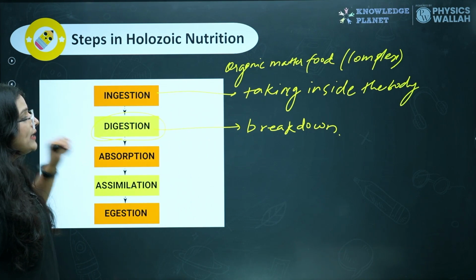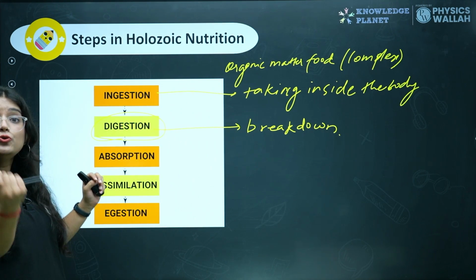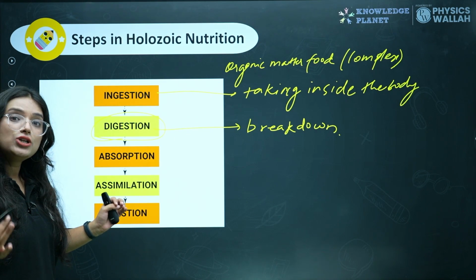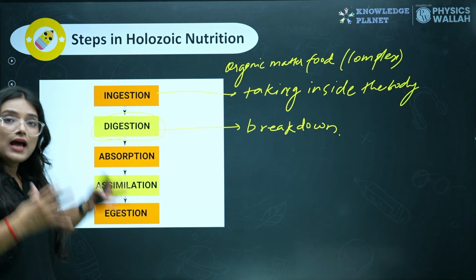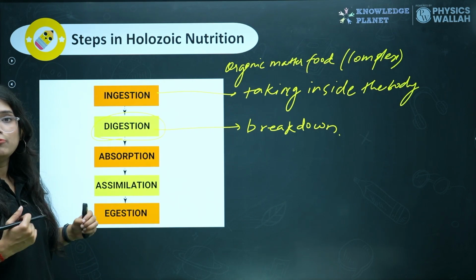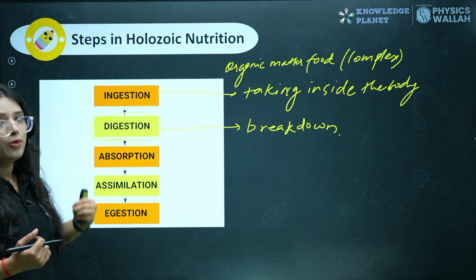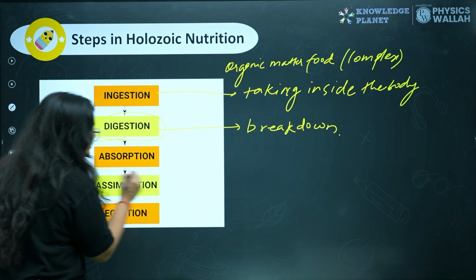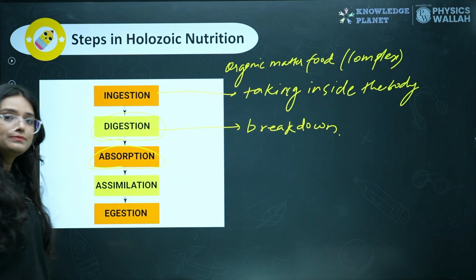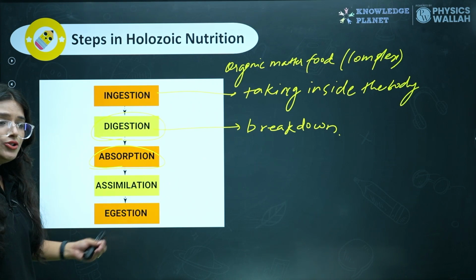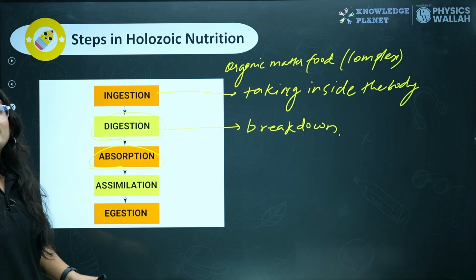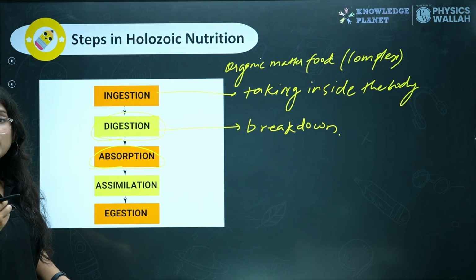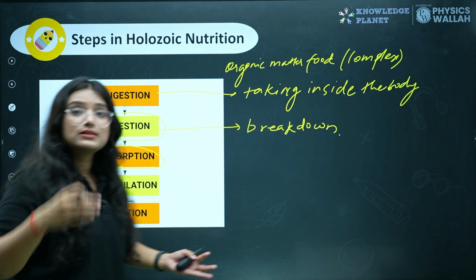Now, after digestion, we get small nutrients, essential substances which will give us energy. These substances will be absorbed, or taken up, in the body. That step is absorption. But then these nutrients have to be taken in through each and every cell so that they can be utilized to get energy for various functions like repair.